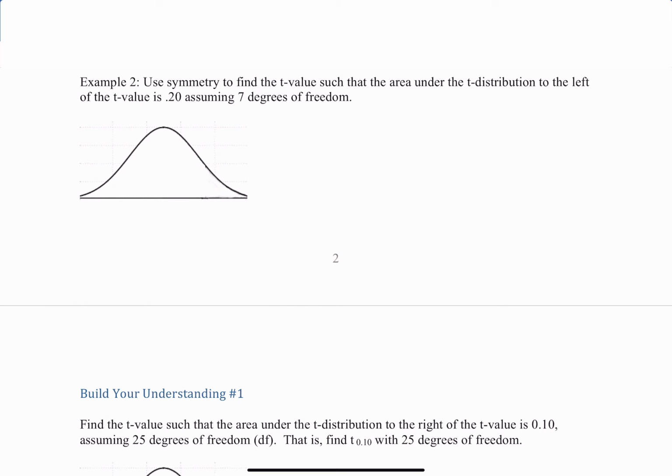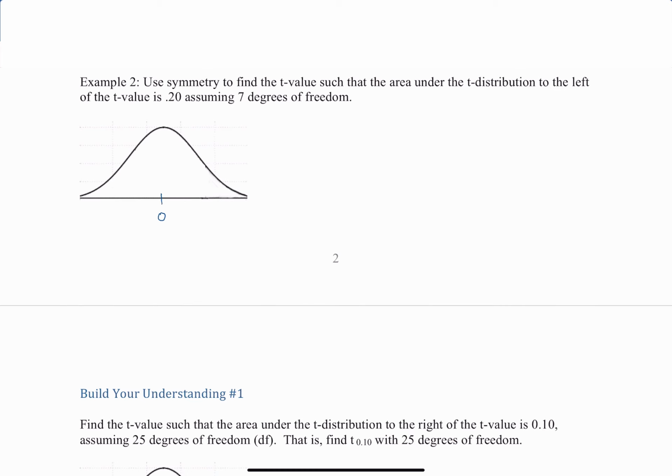Let's find the t-value such that the area under the t-distribution to the left of the t-value is 0.20, assuming 7 degrees of freedom. Now remember, the t-distribution is symmetric about its mean 0. So that means half the area is to the right. So the area to the right is 0.5 and the area to the left is 0.5.